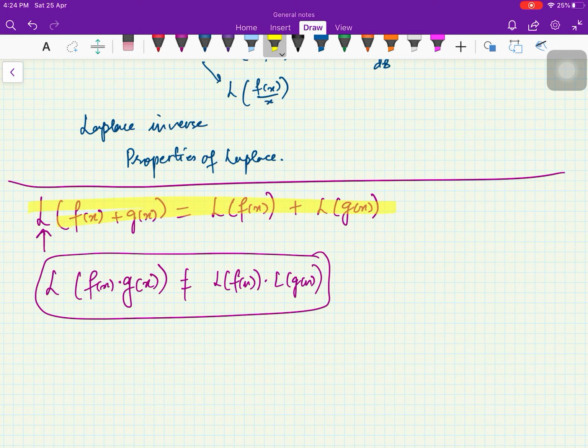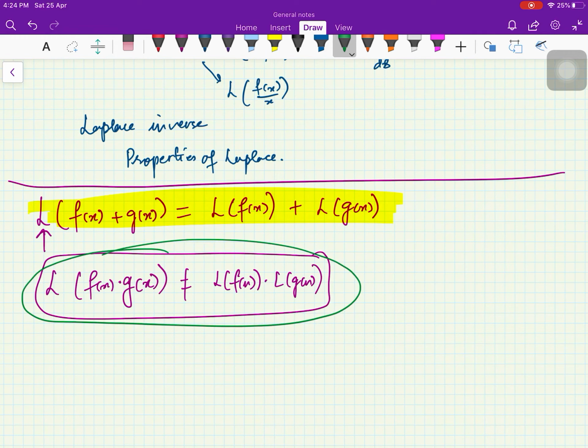We had seen that the first property, linearity, made our life much simpler when we were finding the Laplace transform of different functions. So now we see, can we have some property similar to this? This is not true, so can we have something like it, not exactly this?